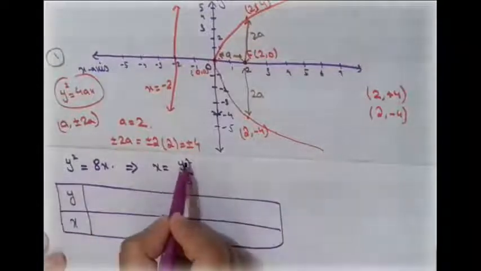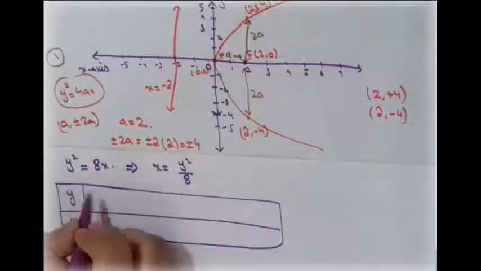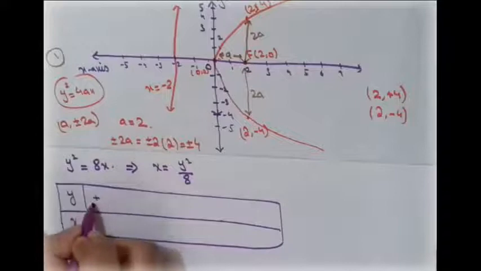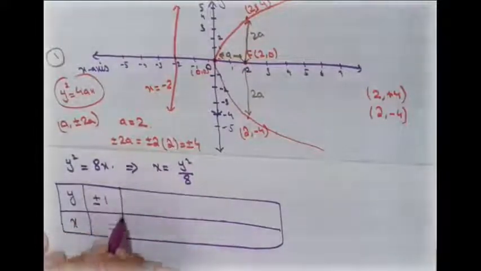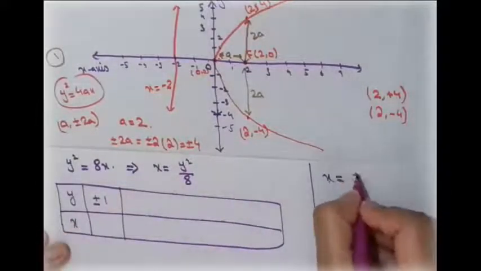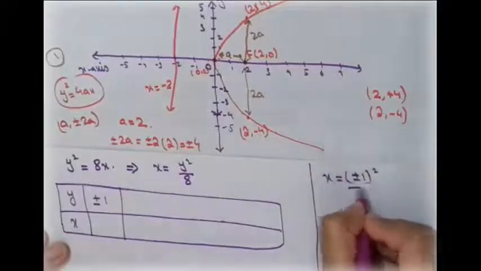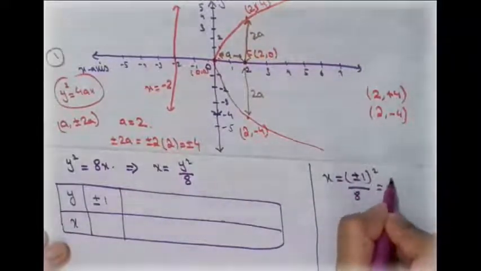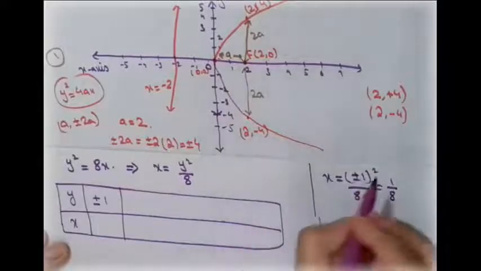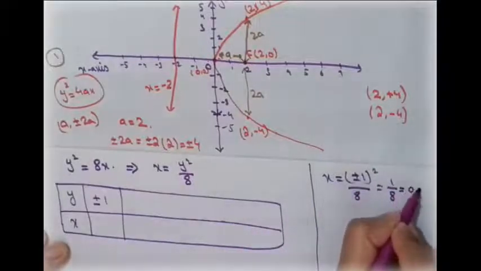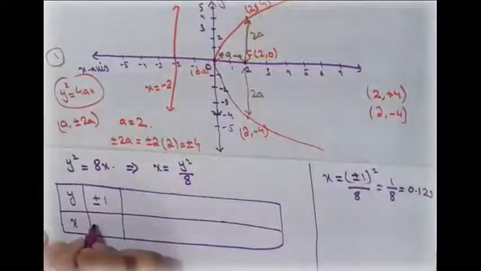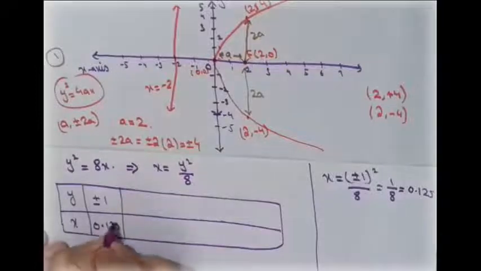Since this is y², if I enter a plus or minus value, it doesn't affect the value of x. If y is equal to ±1, then 1 squared divided by 8 will be 1 divided by 8, which is equal to 0.125. So here is 0.125.